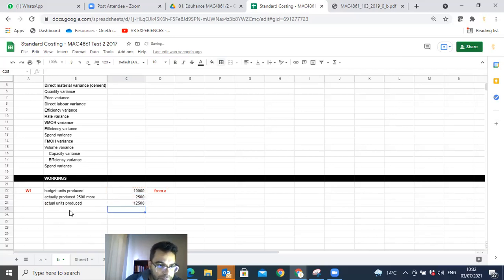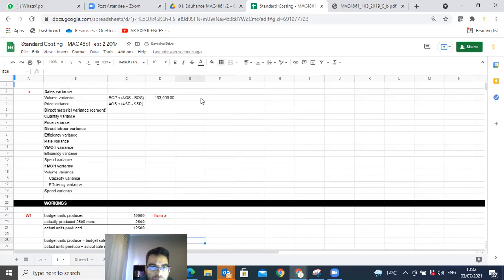Then budget production equals budgeted sales units, and actual units produced equal actual sale units. So I put this in over here, working one.